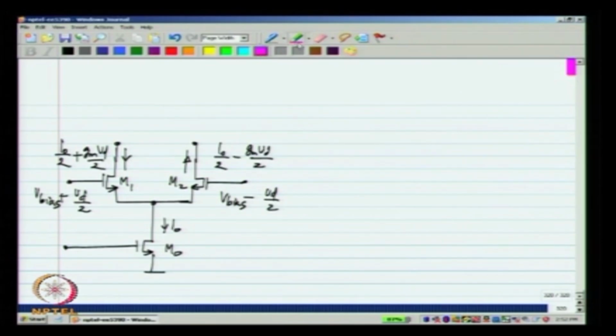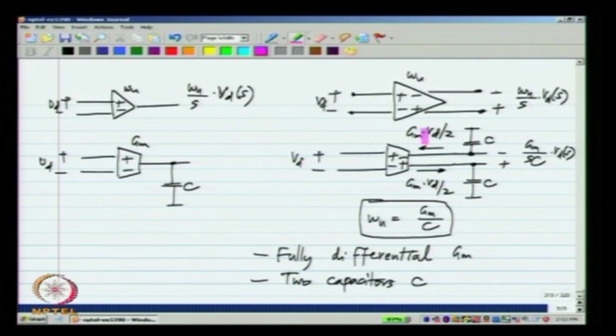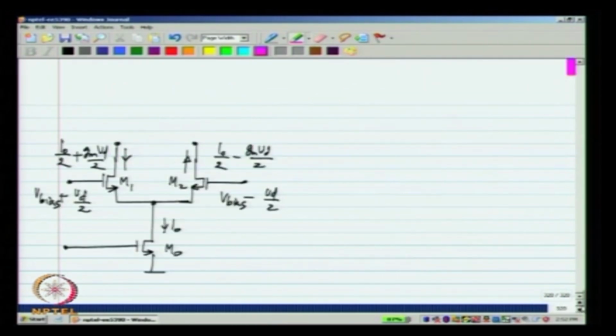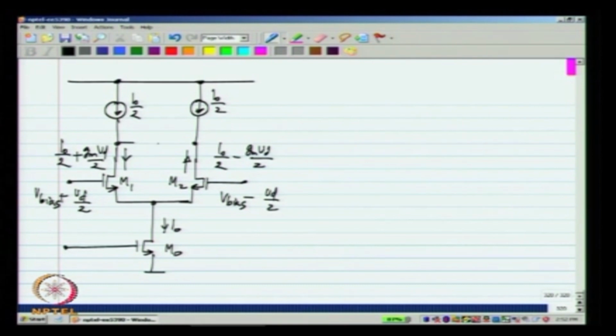Okay. Now, this is exactly of the form that we require here, except that there is also the bias current I naught by 2. So, if we subtract off the bias currents I naught by 2 from these two arms, what will be drawn from here and what will be pushed out of that node will be Gm Vd by 2. So, this is exactly the circuit that we require.